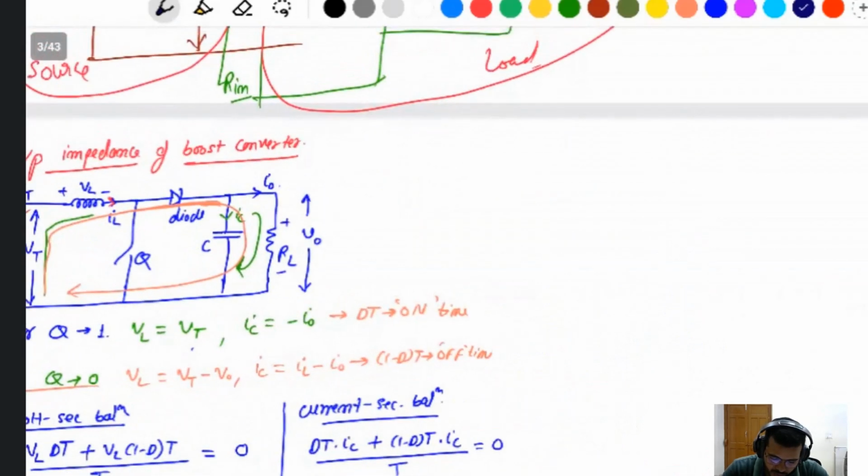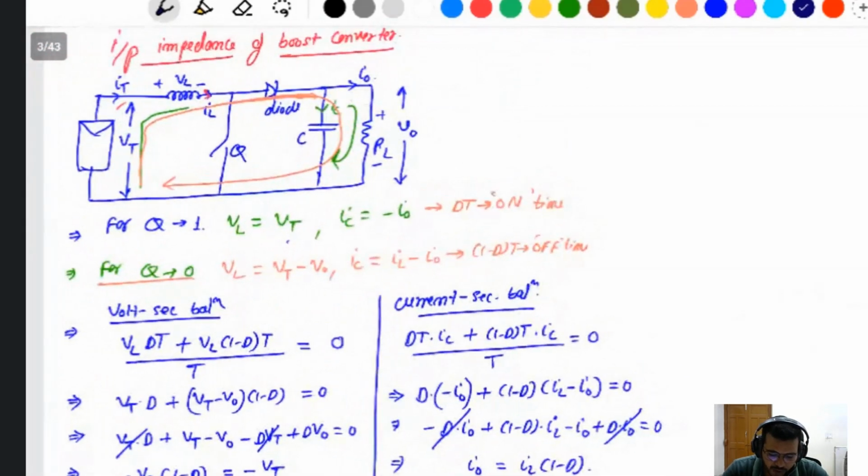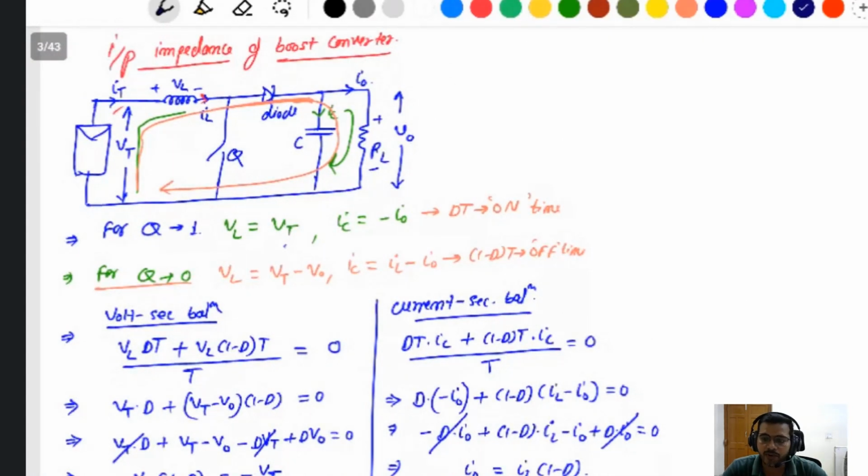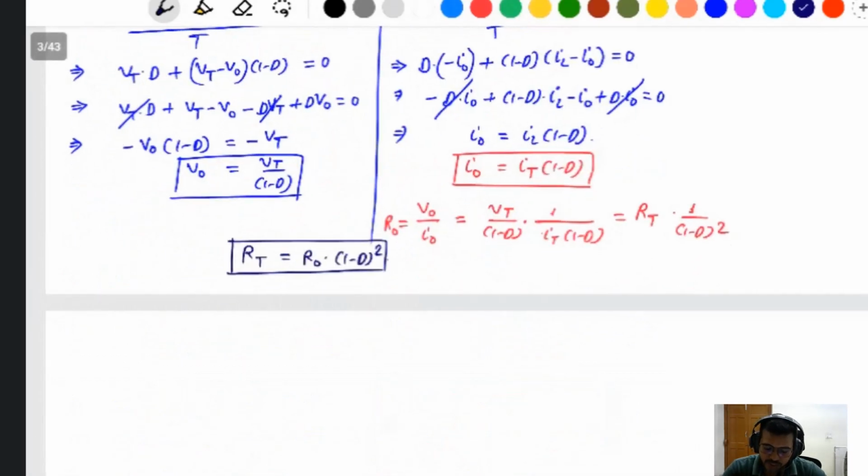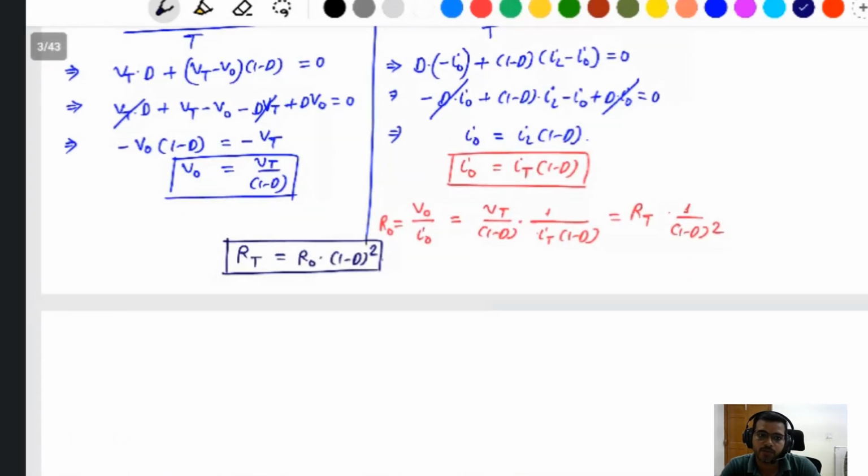You don't know exactly what the resistance of the input source, like a PV system, is. That's why you can change the duty ratio and match this resistance to the input source. It means this works like a load for the PV, to match the impedance to the source, like a PV system, to get the maximum power.